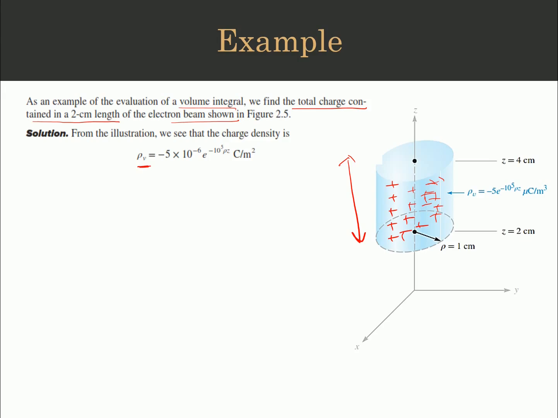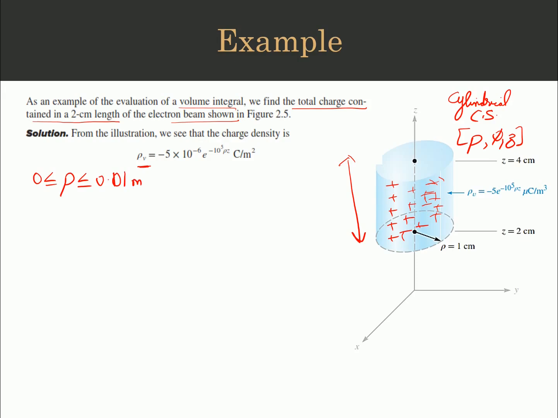So let us see what information we have. Since this is a cylindrical coordinate system, we need to know the values of rho, phi and z, as these are the axes of the cylindrical coordinate system, mutually orthogonal to each other. We know that rho is from 0 to 0.01 meter.